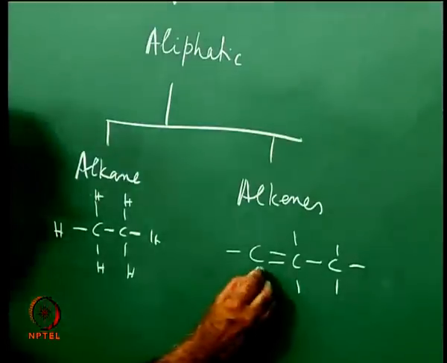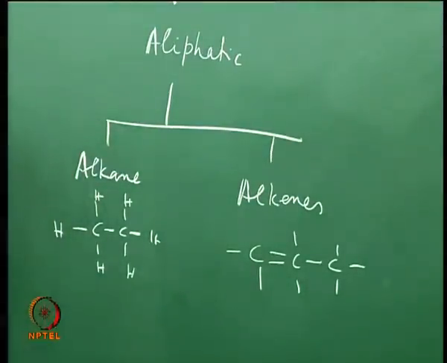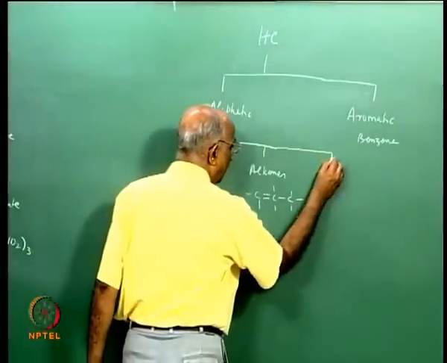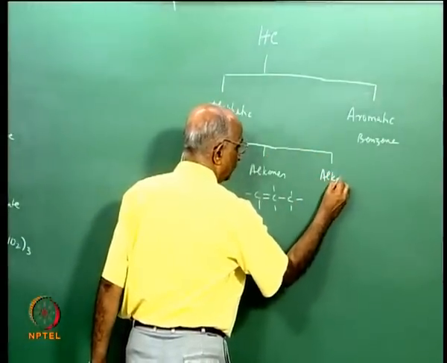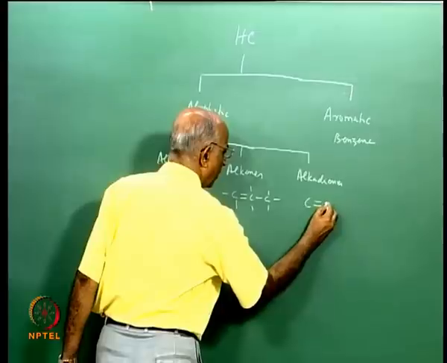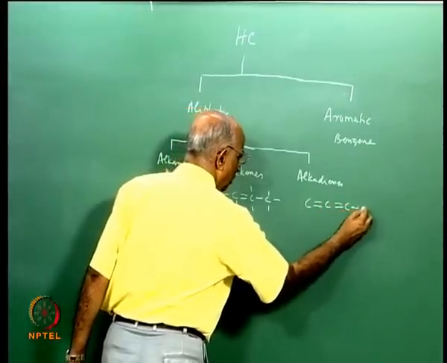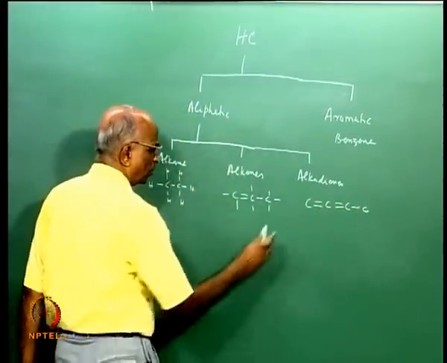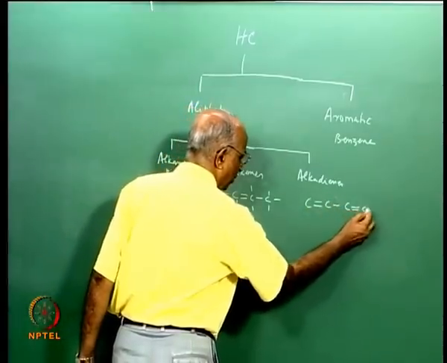The third one could be alkadienes, which have two double bonds, maybe something like this, where I put a single bond here and a double bond here.